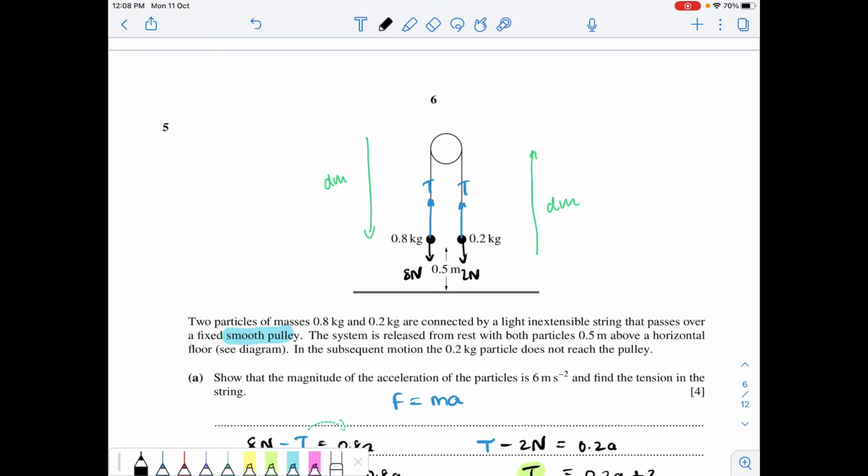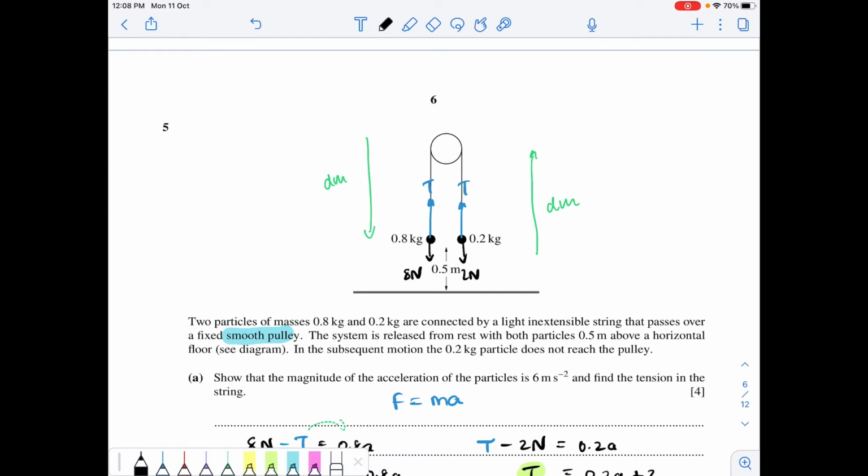So both of these objects are starting 0.5 meters above the ground. As they fall, you can see that the 0.8 kilogram particle cannot go further than 0.5 meters. And because they are bound by this inextensible string, while they are moving together, the acceleration and their velocities will be the same, right?